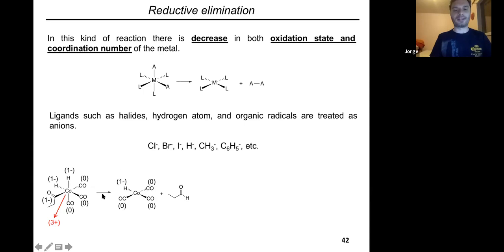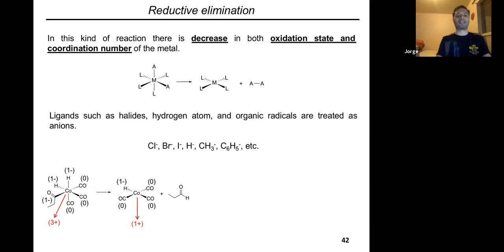So that's what we have for the ligands, 0, 0, 0, and 1-. So that's 1- in total for the ligands. If the net charge of the complex is 0, that means the oxidation state of the cobalt is 1+.